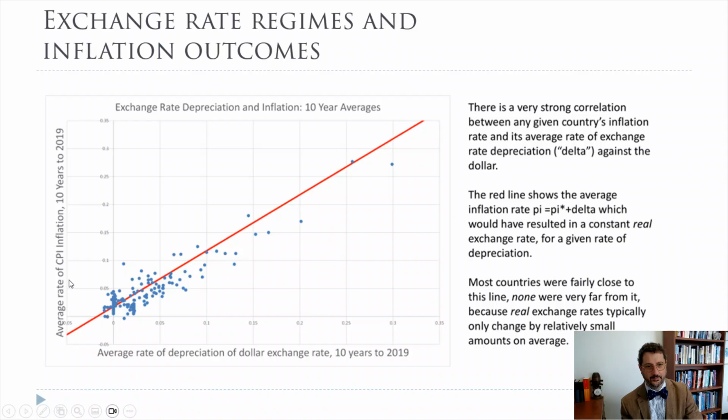That delta is equal to pi minus pi star, or inflation in our country minus inflation in, say, the United States. And so countries that had a lot of inflation experienced a lot of depreciation, whereas countries that had low inflation experienced low depreciation. And then there were even a couple countries over here that had appreciation.